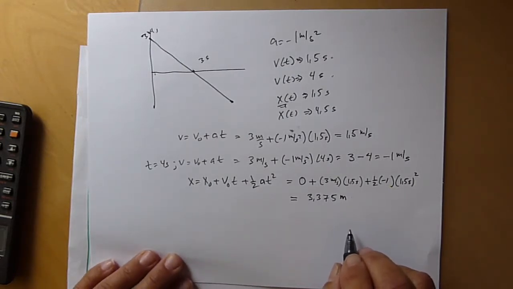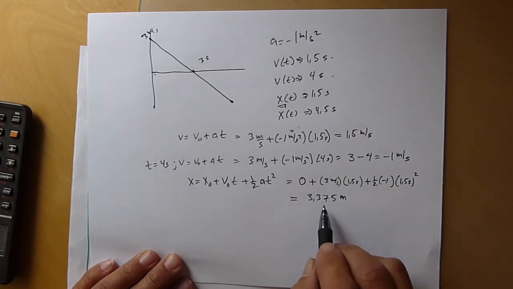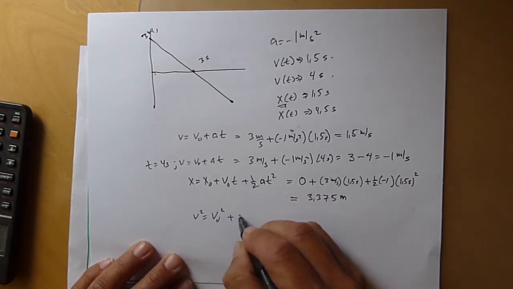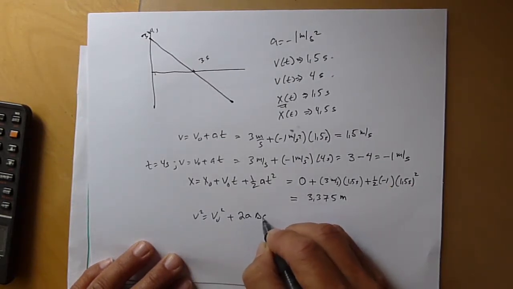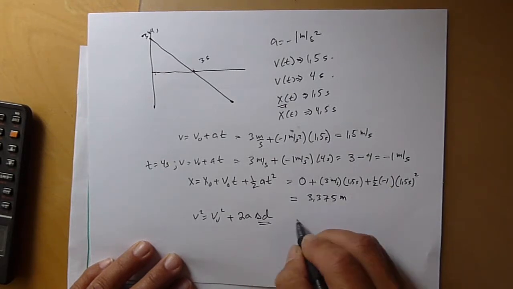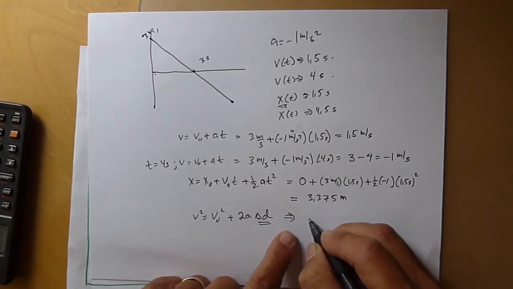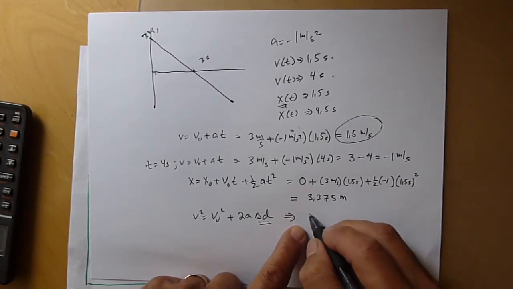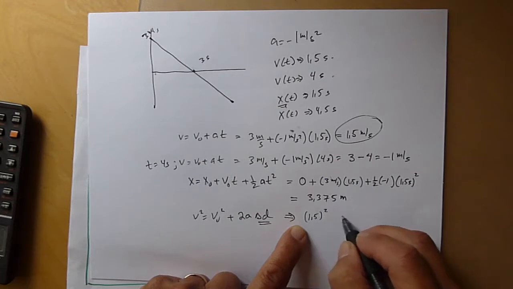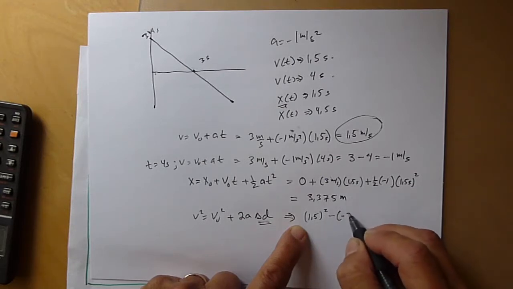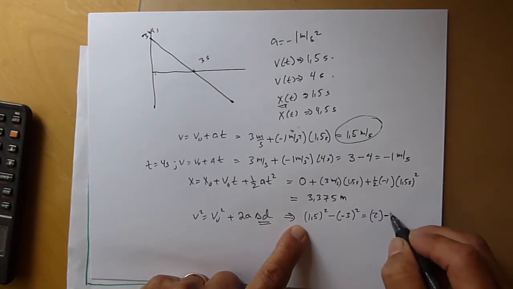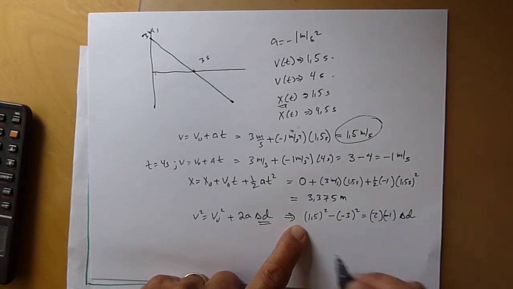Another way to do this would be, since we know the velocity, we could come back here and use our v squared is equal to v0 squared plus 2a delta d, where I'm solving for delta d. So I know that the velocity final, we calculated that already as 1.5, so I'll have 1.5 quantity squared minus 3 quantity squared. Times minus 1 delta d.